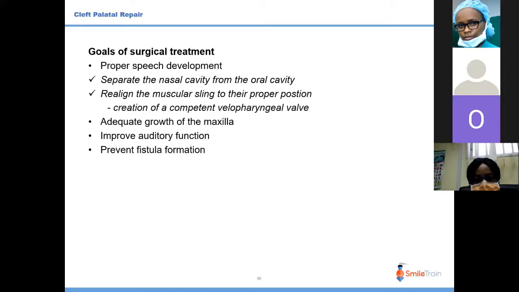The implication of a constricted maxilla is that it's going to affect the occlusion of the individual. And we also want to ensure that we improve the auditory function of the individual. Also, when we are performing a surgery, we must have it at the back of our minds that we want to prevent fistula formation. It's another goal that we need to think about, because it's been said that it is our surgeries that actually contribute more to fistula formation.